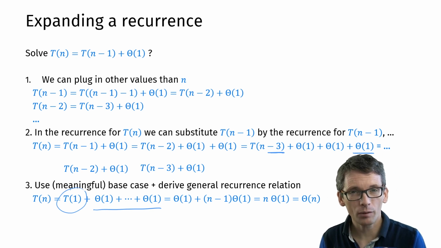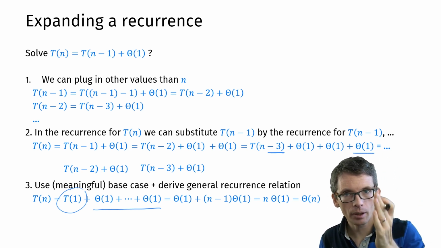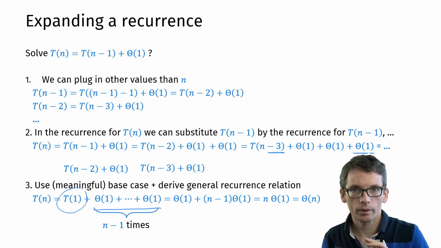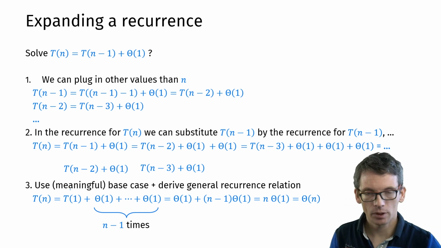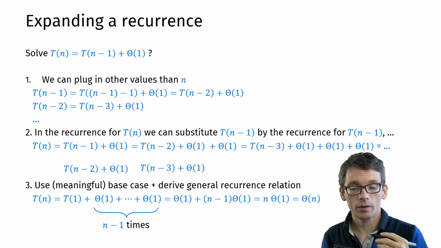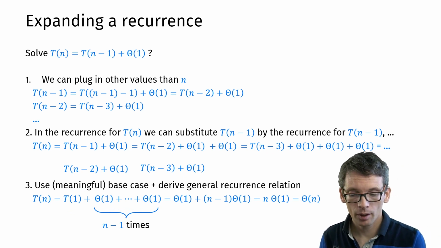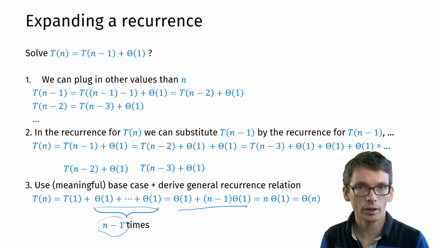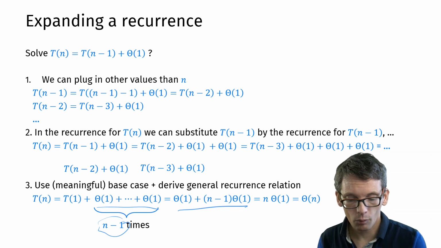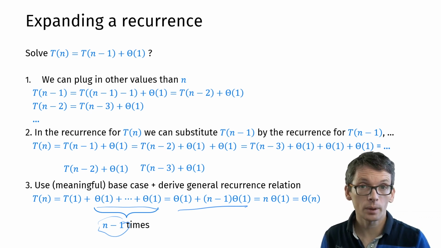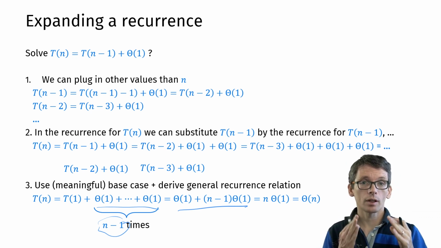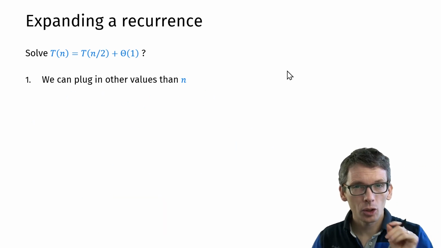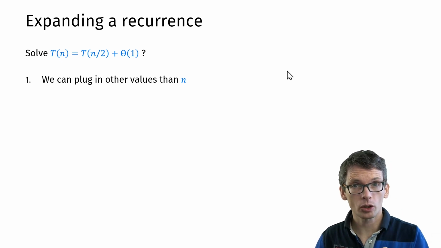How many of these do I have? Every time I go down by 1, I get 1 extra, meaning I go down n minus 1 times. This means that T of n is T of 1 plus n minus 1 times theta of 1. T of 1 we assume is theta of 1, so this gives me n times theta of 1, which is theta of n.